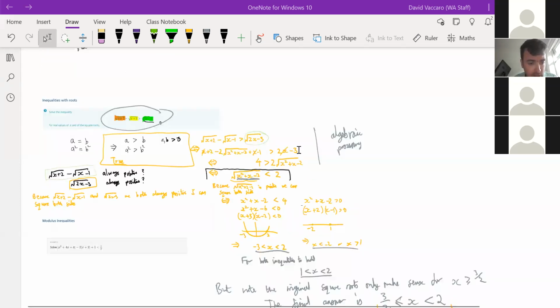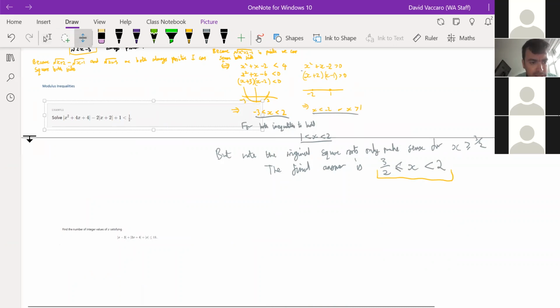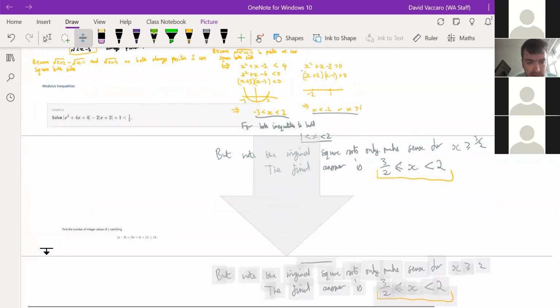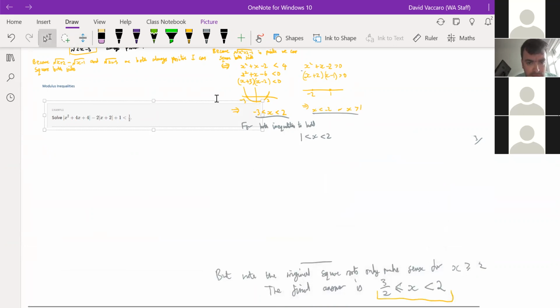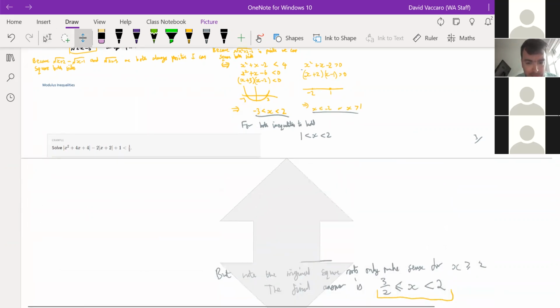Excellent. Okay, let's have a look at this modulus inequality. I'm just going to buy myself a little bit more space. That's going to ruin the PDF afterwards. I'll have to neaten this up.